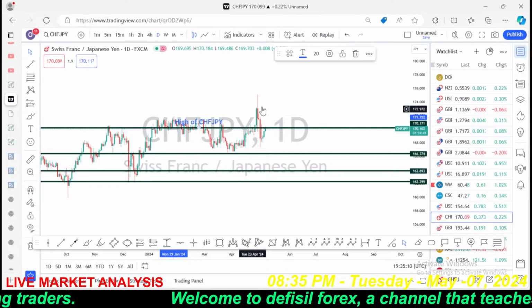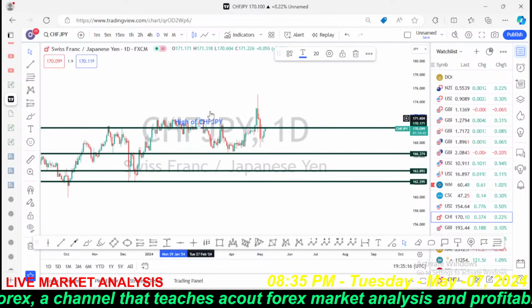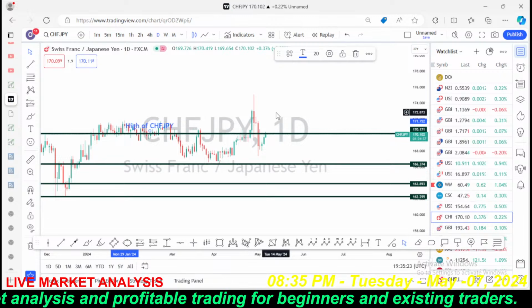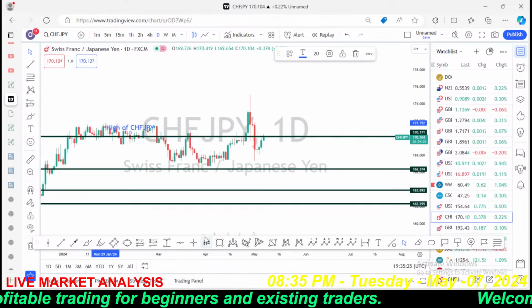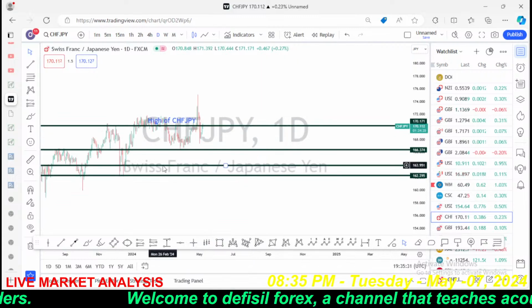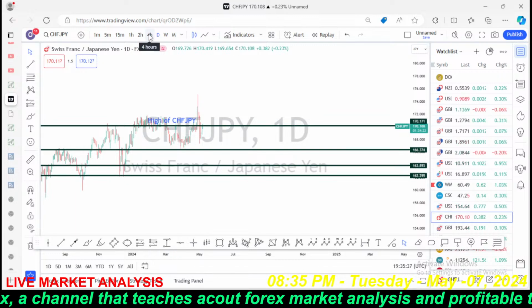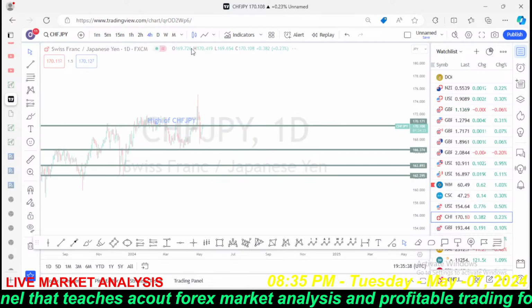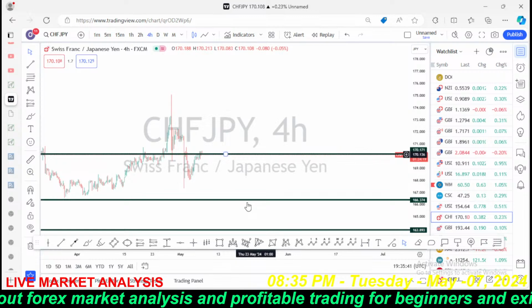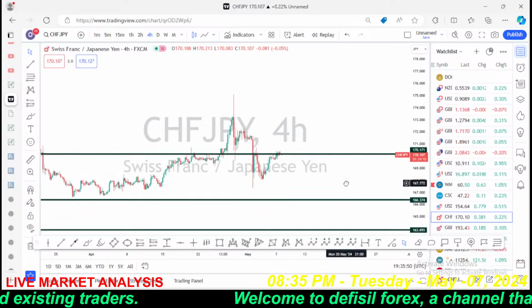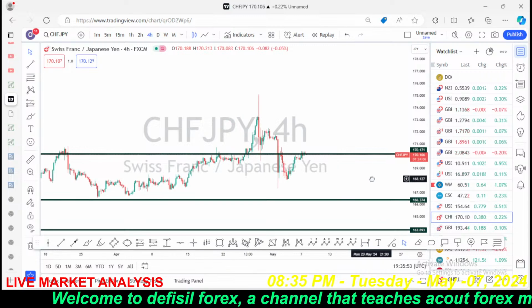Okay, Chef JPY seems to be, I think I can see. Okay, let me go over to the 4 hour chart to have more information about the charts. Okay, Chef JPY is in an uptrend on the 4 hour.